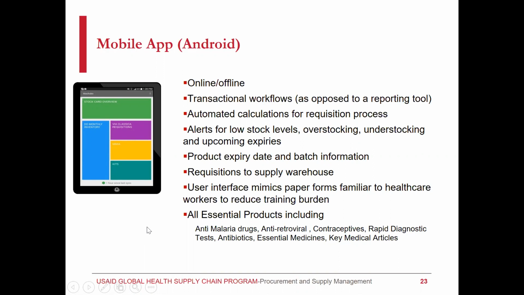Requisition to supply warehouse. The user interface mimics the paper form that is familiar to healthcare workers, to help reduce the training burden. And all essential products, including anti-malarial drugs, antiretrovirals, contraceptives, rapid diagnostic tests, antibiotics, essential medicines, key medical articles.